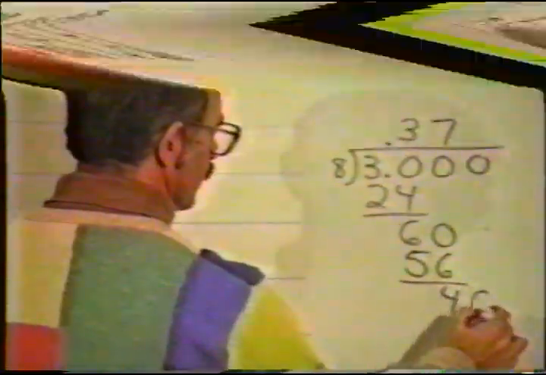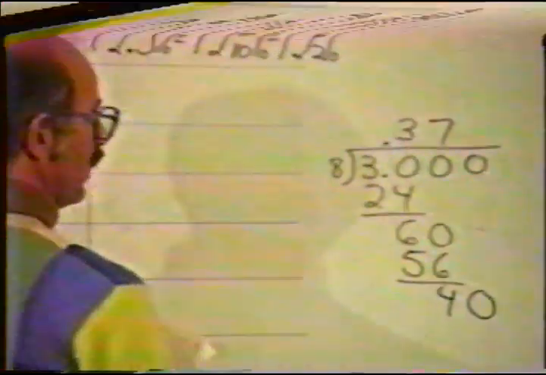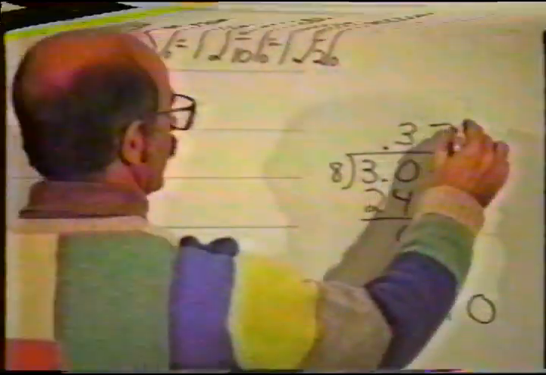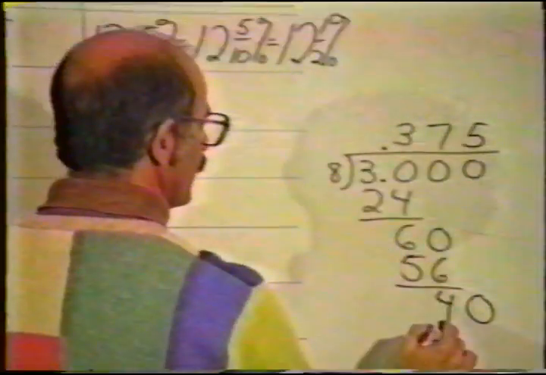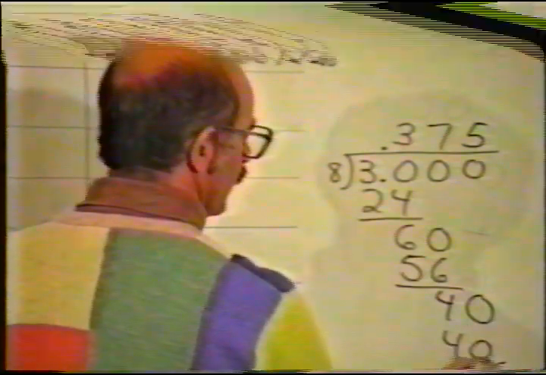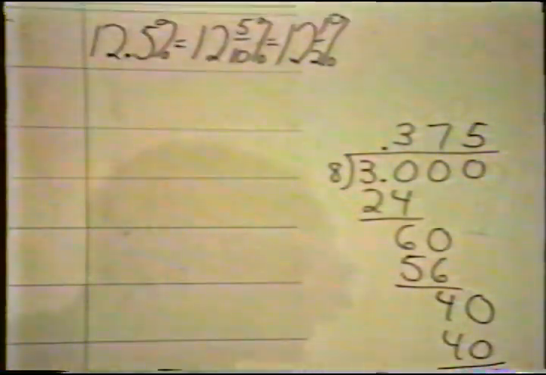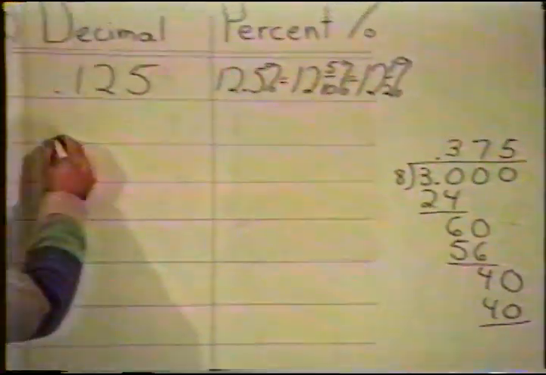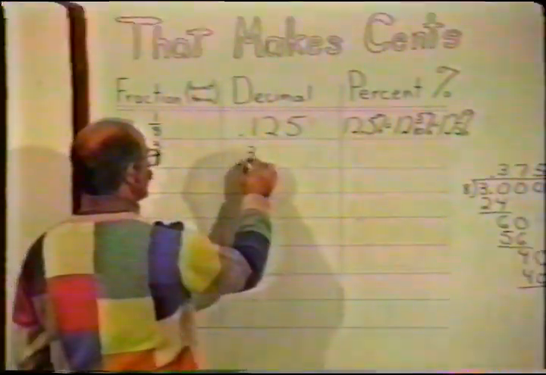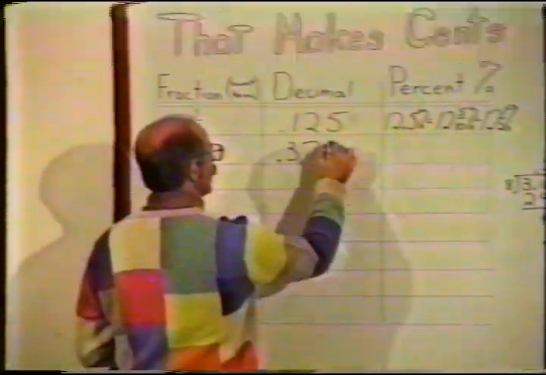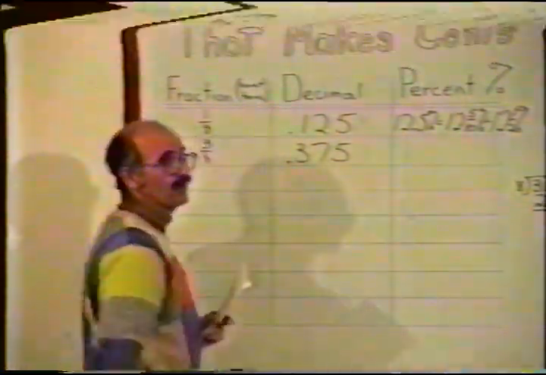Bring down the 0. 8 into 40, 5. And 5 times 8 is 40, and it has come out evenly. For the decimal, we write 0.375, and how is that read?